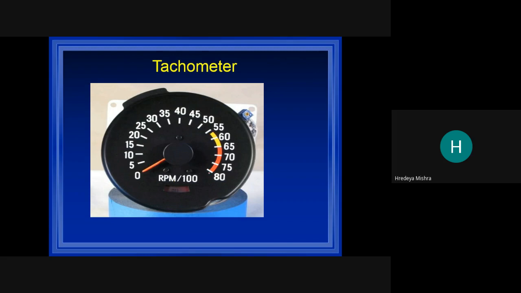Revolution means rotation per minute, meaning in 60 seconds how many rotations are done by your wheel, and that is represented by the tachometer. This is converted to your speed in kilometers per hour or miles per hour. So both give the reading as per your speed.